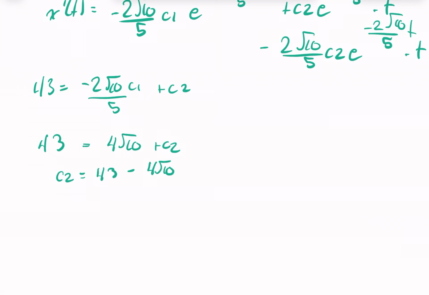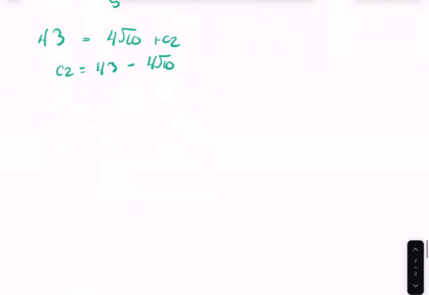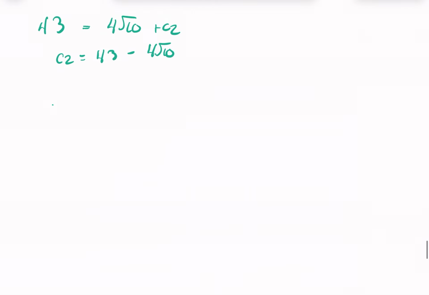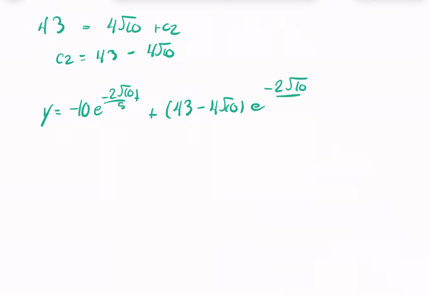Now, once we plug our c's into our initial equation, we're going to get x equals negative 10 e to the negative 2 root 10 over 5t plus 43 minus 4 root 10 e to the negative 2 root 10 over 5t times t.